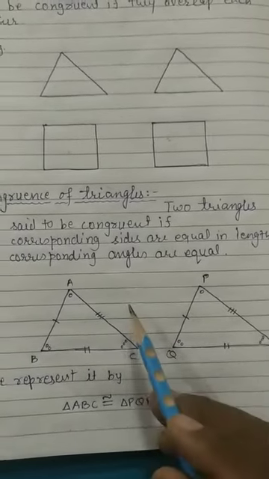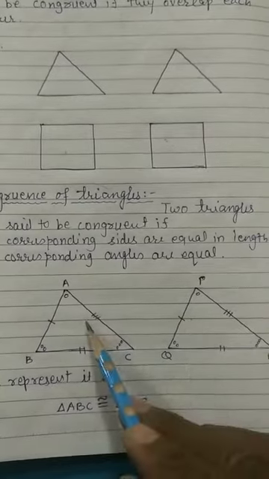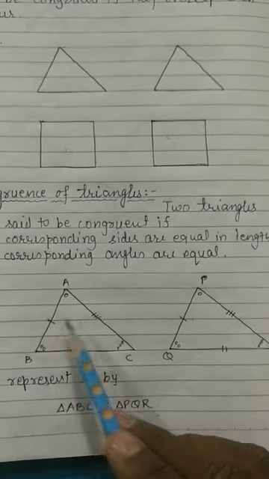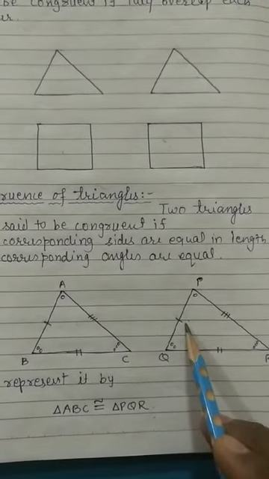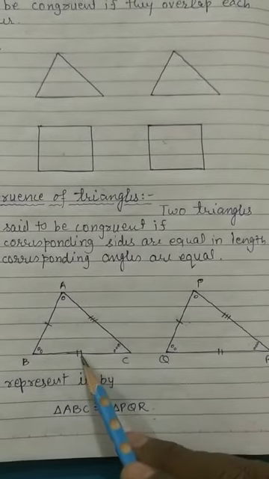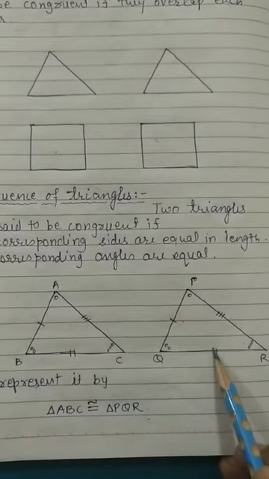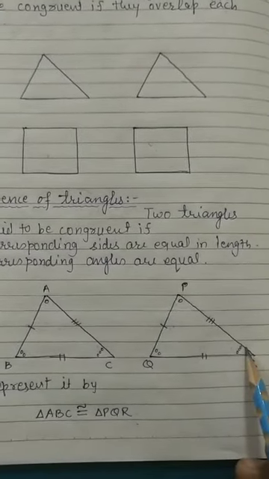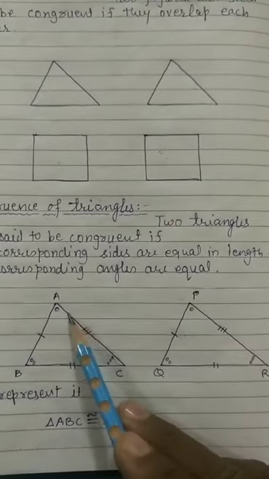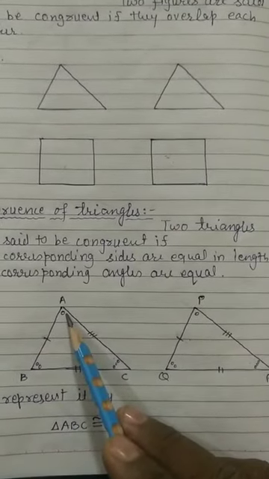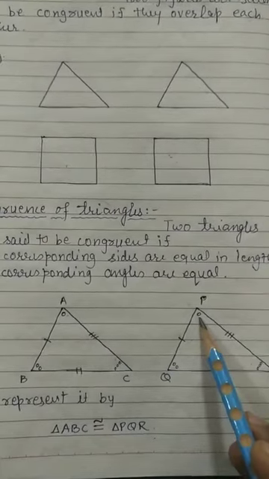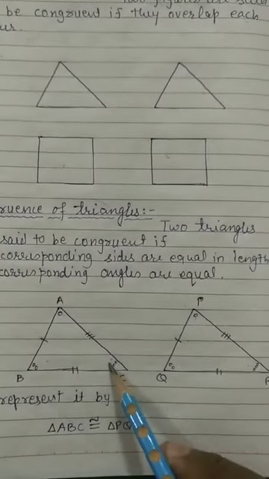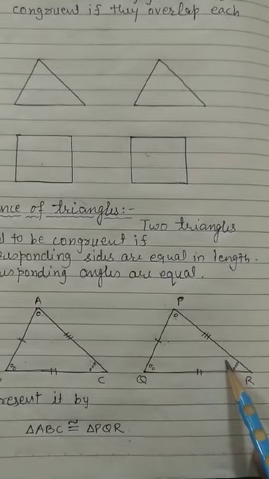These two triangles are said to be congruent if all three sides are equal: side AB is equal to side PQ, side BC is equal to side QR, and side AC is equal to side PR, right? Similarly you can check angle A is equal to angle P, angle B is equal to angle Q, and angle C is equal to angle R.